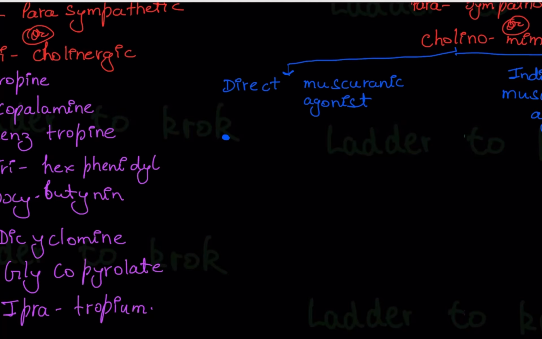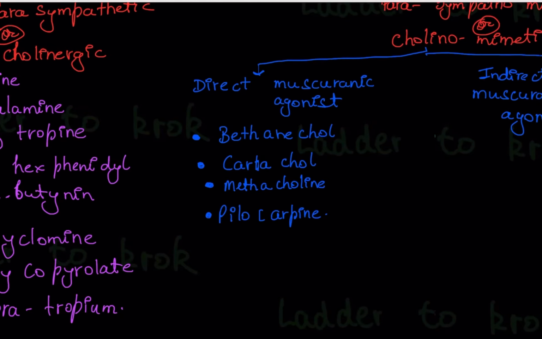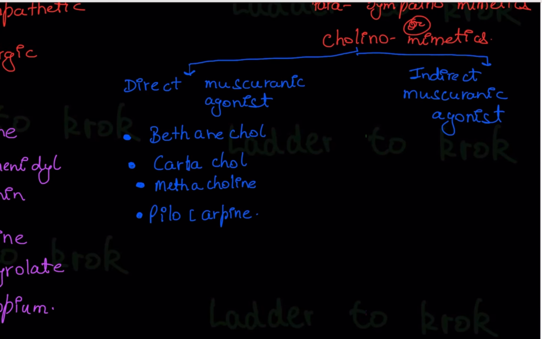Their examples are bethanechol, carbachol, methacholine, and pilocarpine.